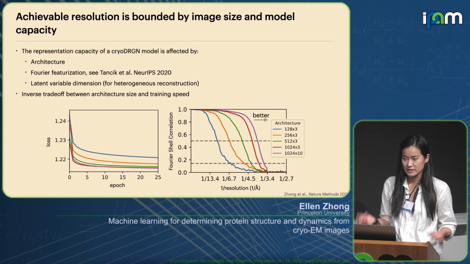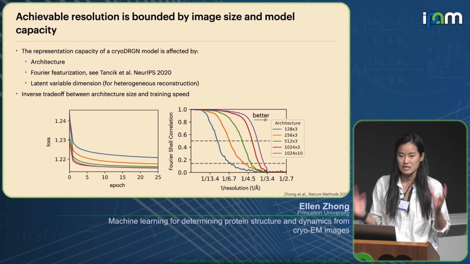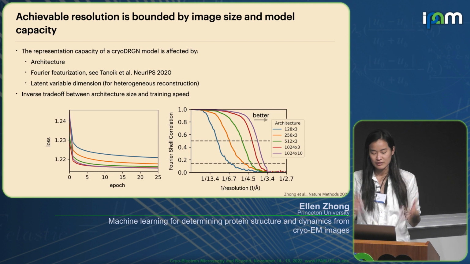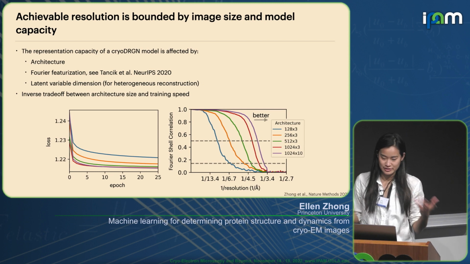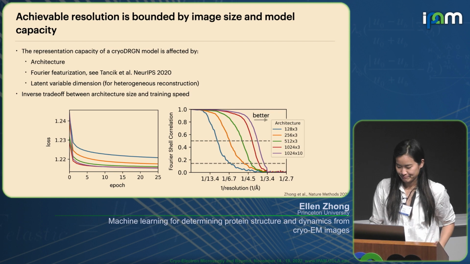And so there were all these empirical tests to explore what's a reasonable set of parameters for CryoDragon. And of course, on a practical note, you have to consider the inverse trade-off between the architecture size and the training speed.